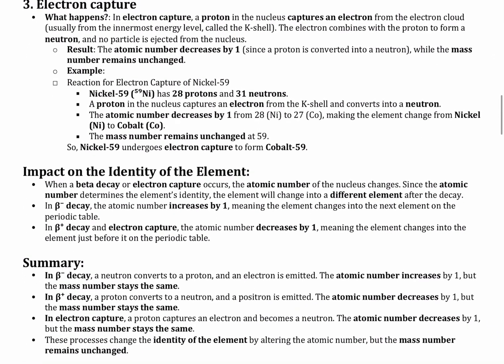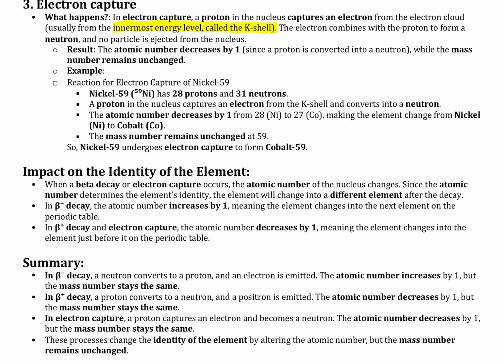Next is electron capture. In an electron capture, a proton in the nucleus captures an electron from the electron cloud, specifically from the innermost energy level called the K shell. Why specifically that? It's because that shell is the closest one to the proton. So it's easiest for the proton to catch that.